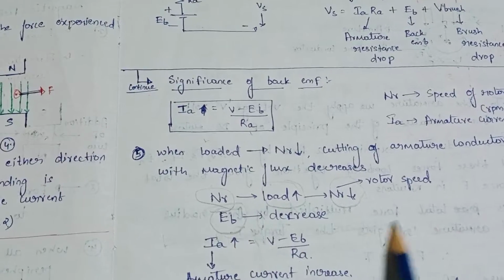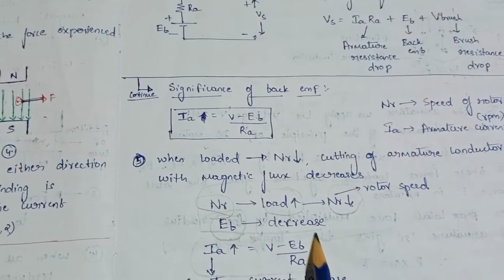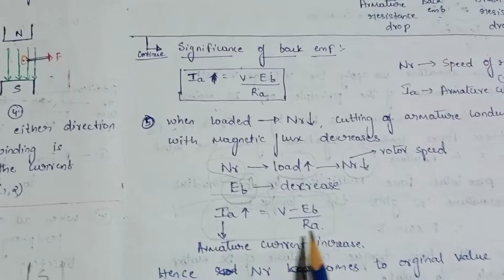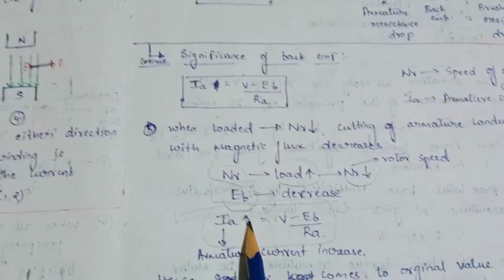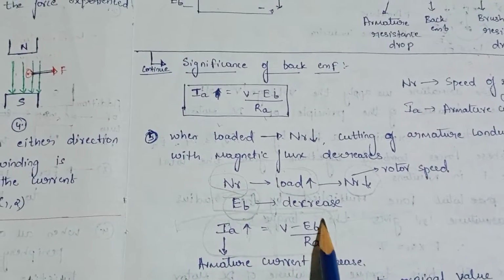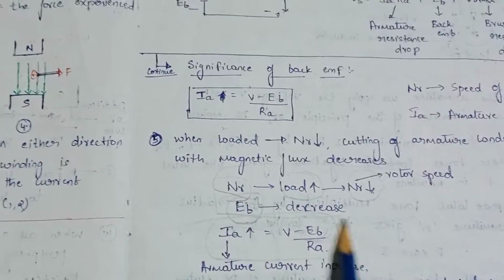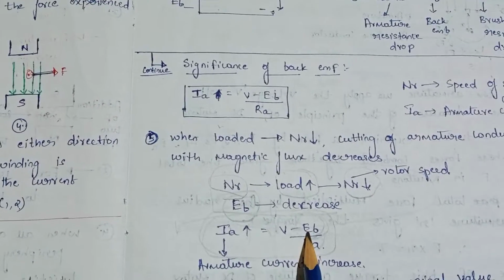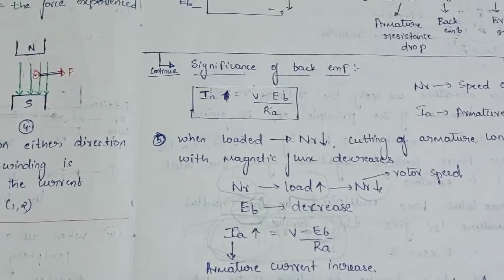Knowing this and substituting in this equation, when Eb decreases, which is minus Eb, when the value of minus Eb decreases, what happens? The armature current increases. I repeat, when the induced EMF Eb decreases, from this equation we can come to know that the armature current increases.